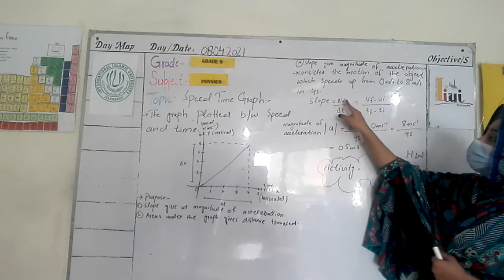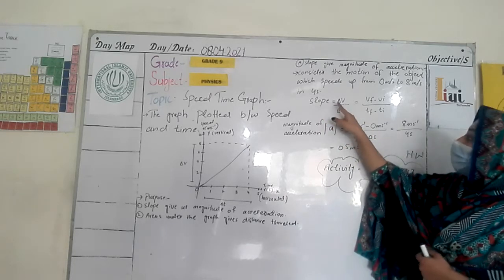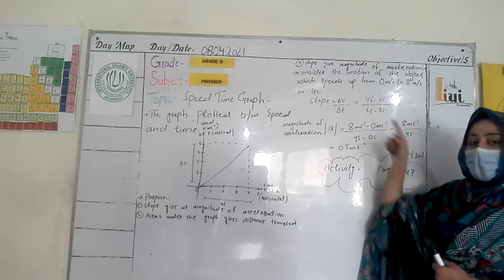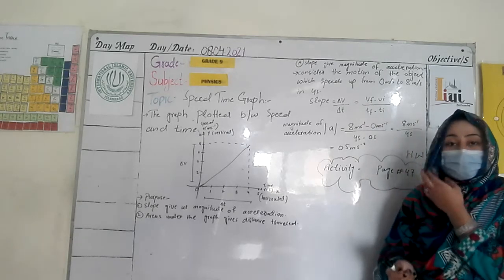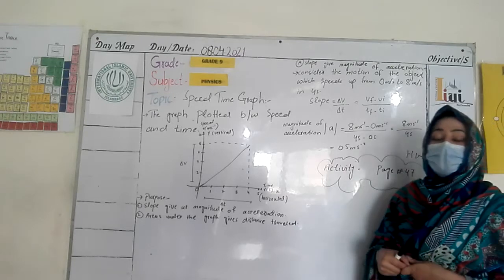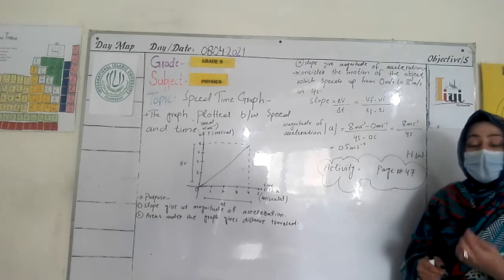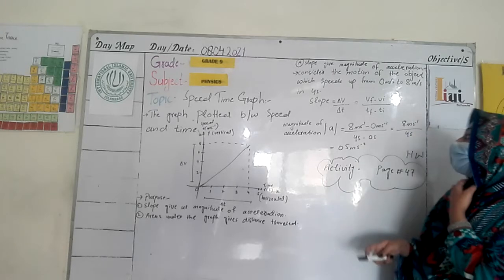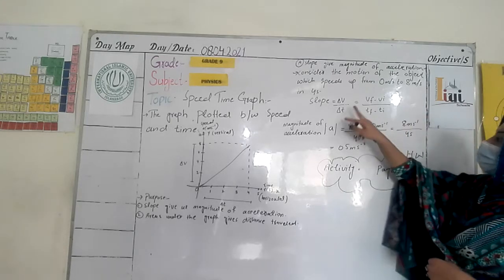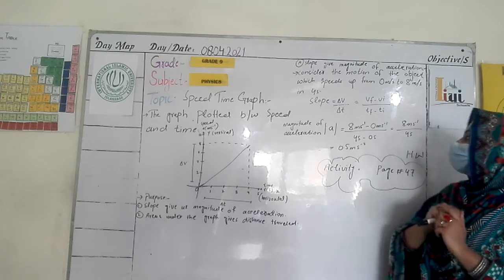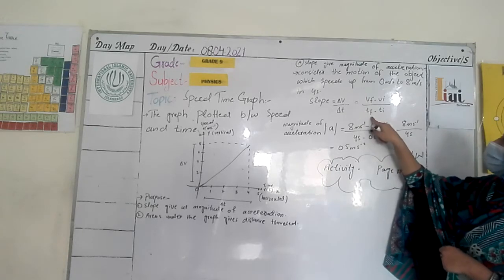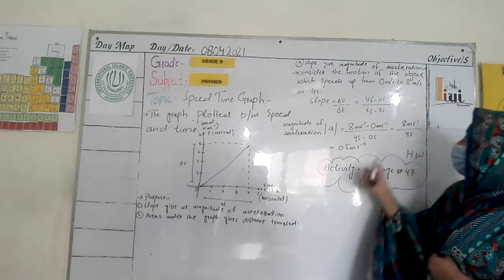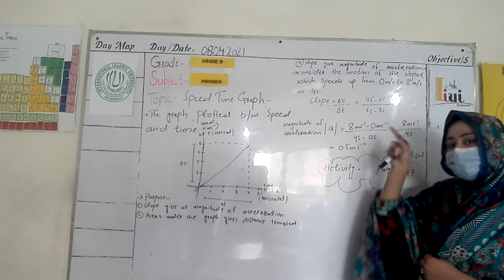So delta v is Vf minus Vi, where Vf is the final speed and Vi is the initial speed, divided by Tf minus Ti, the final time and the initial time.